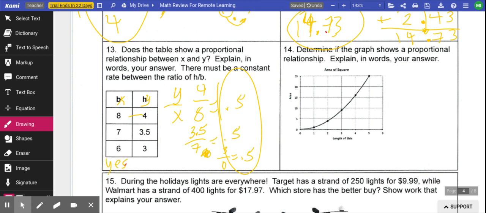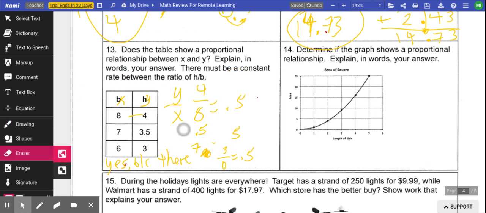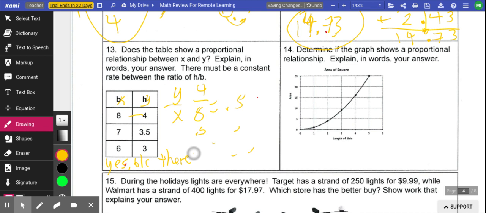Because there's a constant rate of change. Pretty simple, guys. You just take y over x. And if it's all the same number, which it is here, it all equals 0.5, there's a constant rate of change.